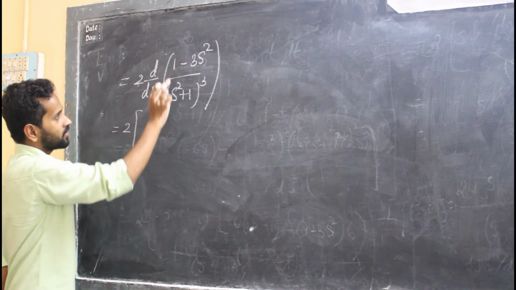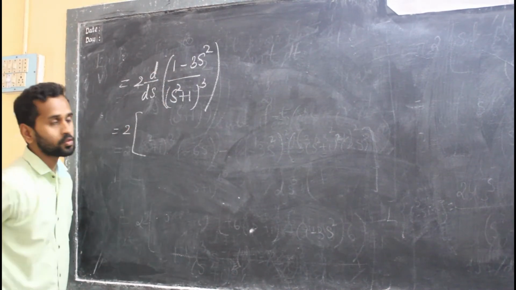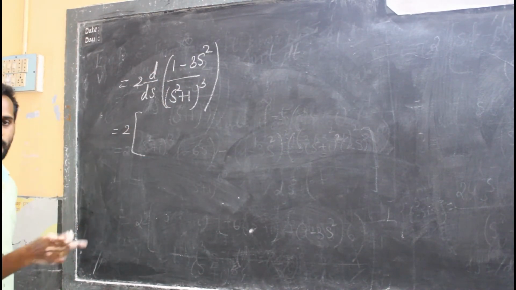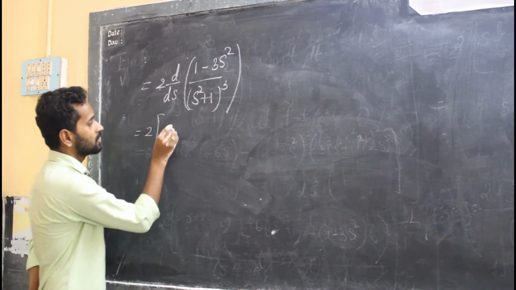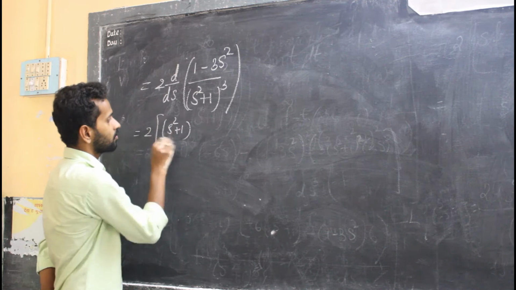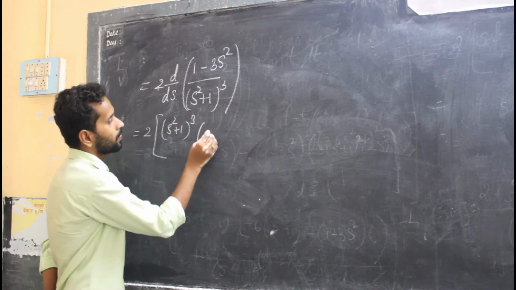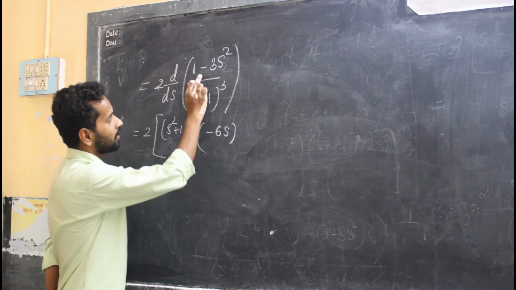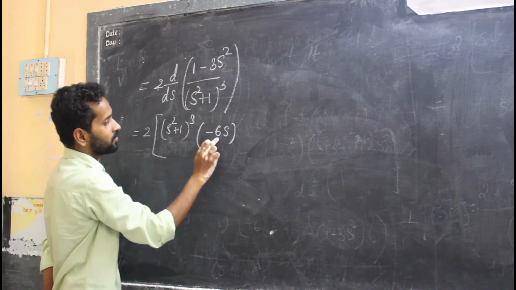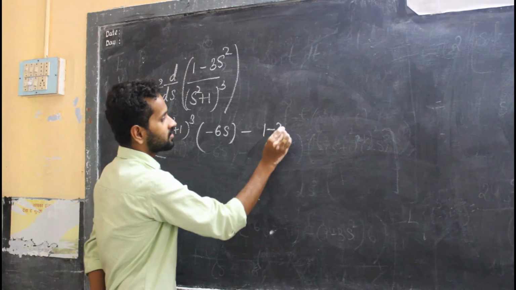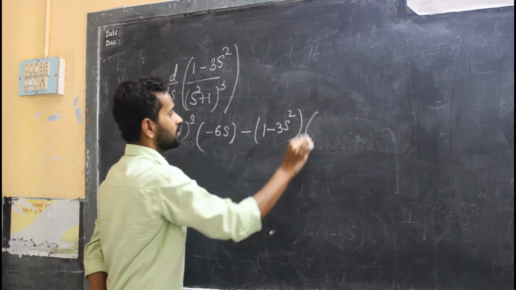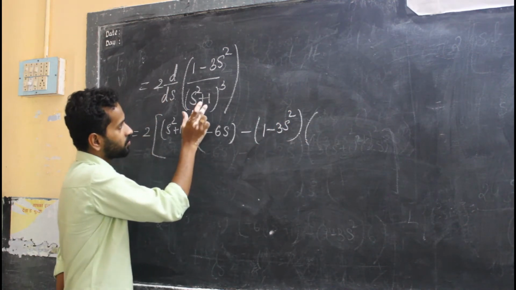You know that differentiation of u by v equals (v into u dash minus u into v dash) divided by v square. So that becomes (x square plus 1) whole cube into minus 6x, after differentiating 1 minus 3x square, minus (1 minus 3x square) into differentiation of (x square plus 1) whole cube.